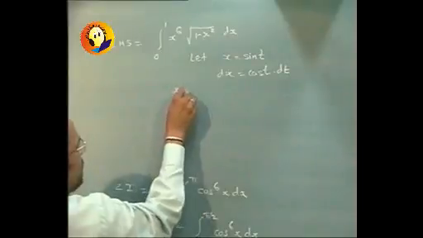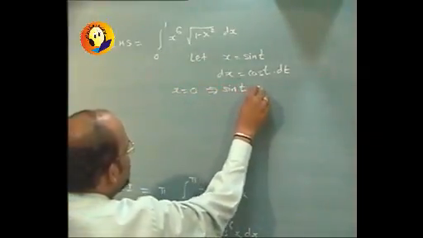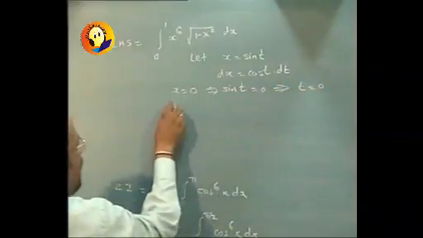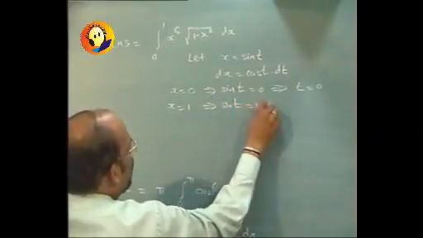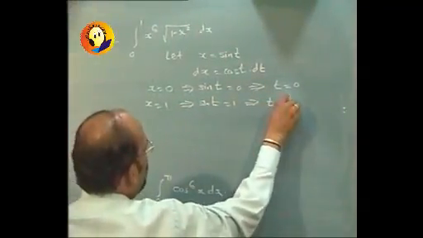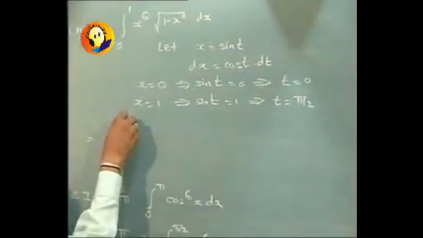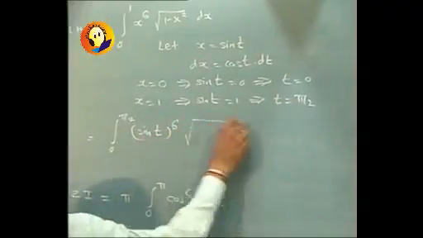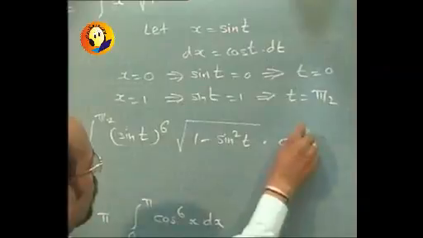Limits x equal to 0 will imply that sin t is equal to 0 will imply t is equal to 0, and x is equal to 1 will imply sin t is equal to 1, that is t is equal to pi by 2. So this becomes integral 0 to pi by 2 sin t bracket raised to 6 into under root of 1 minus sin square t into cos t dt.